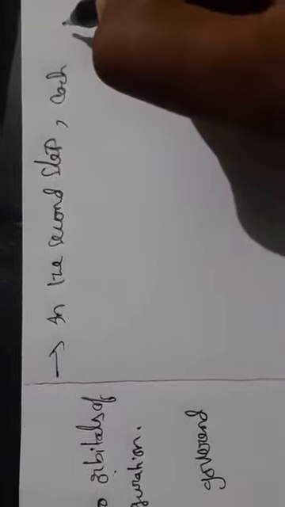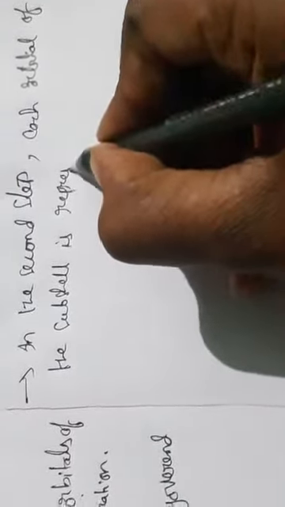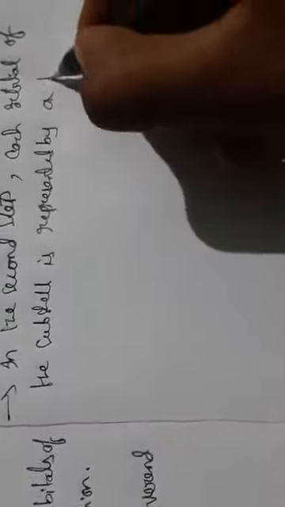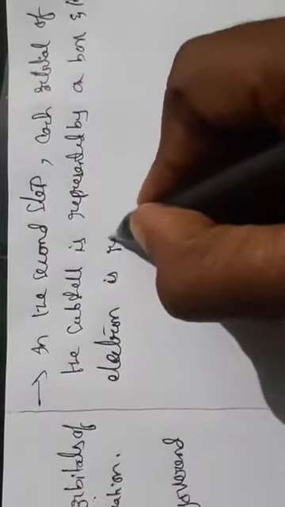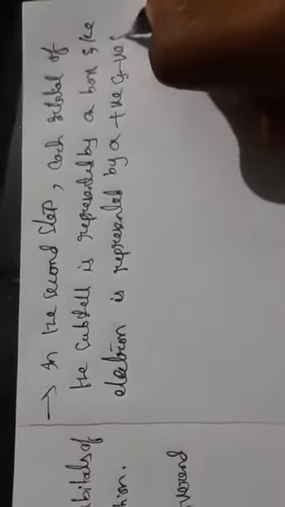In the second step, each orbital of the subshell, whatever orbital s, p, d, f, means s orbital, p orbital, d orbital, is represented by a box, and the electron is represented by a positive spin and also a negative spin, we can say.